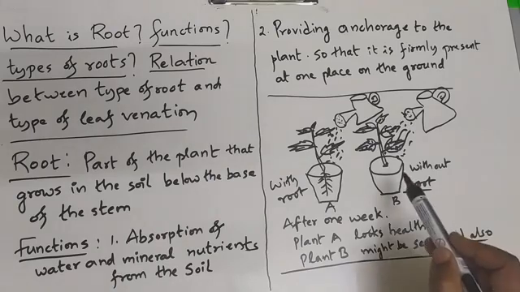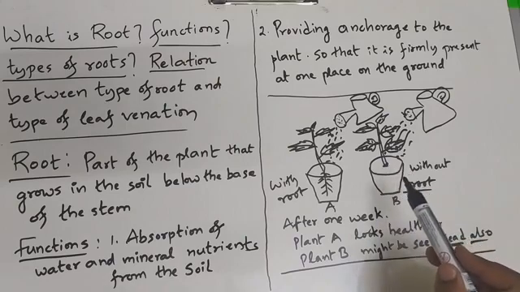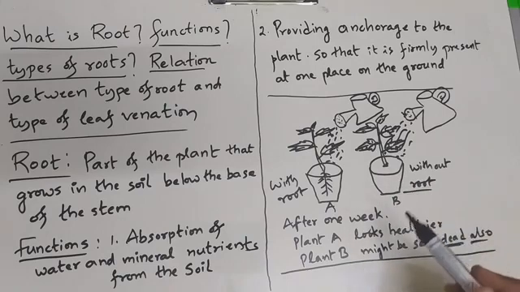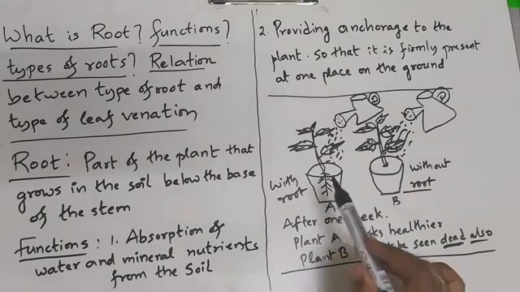As plant B is not having root, it could not absorb water though we have supplied it.